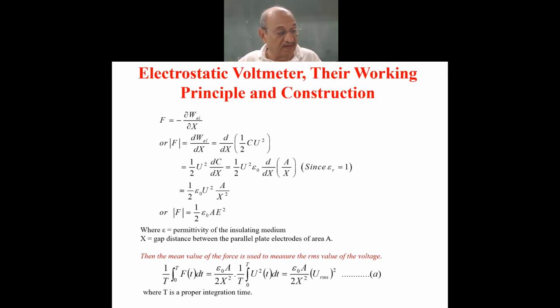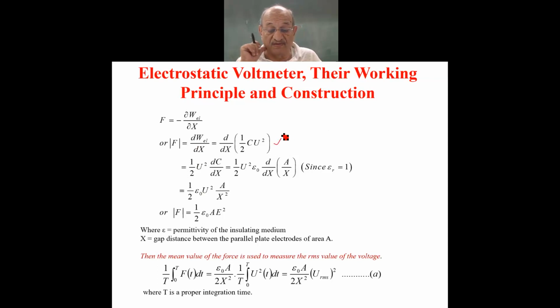So let's derive a bit of theory. As you can appreciate, the force between the plates is negative of del W by del X, the energy. And when you do it further, the energy stored in the capacitor is half C U square, as you can see here.